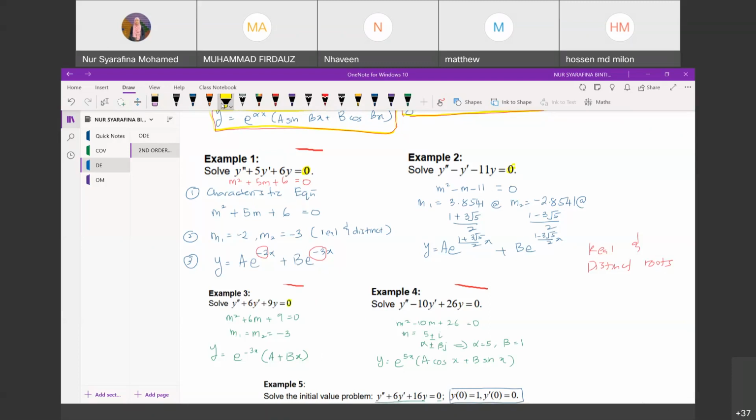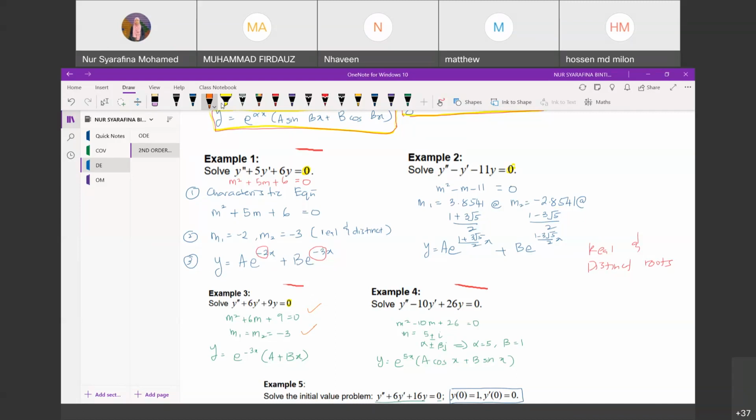So this type of solution is applicable for an equation which equals 0, which is a homogeneous equation. Convert to the characteristic equation, solve this quadratic, you get your m, and these m are real and equal. So use the real and equal type of solution.